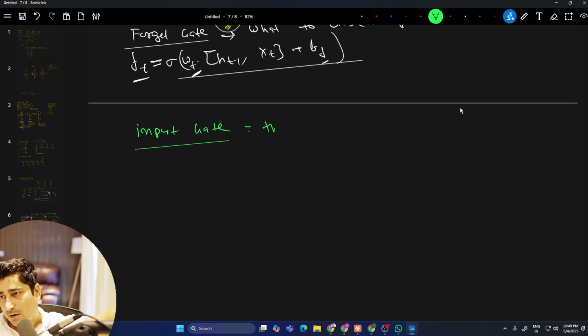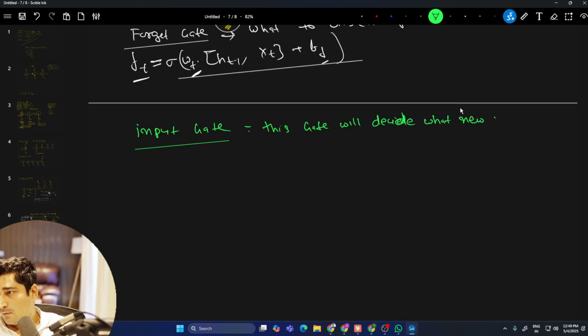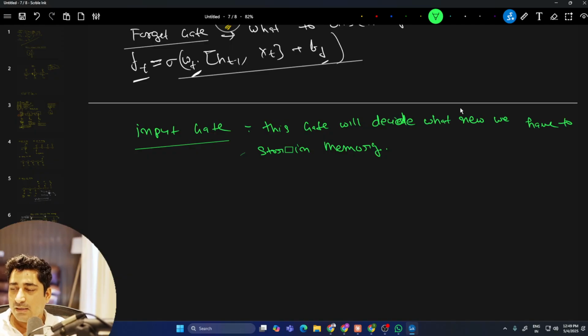So what are the new things that I have to store inside the memory? This is where the input gate comes into the picture.